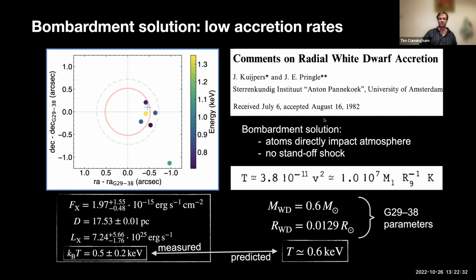In the bombardment solution, at low accretion rates, the infalling material is behaving less like a fluid, so that no shock is formed above the surface, but instead the atoms are directly impacting the atmosphere and depositing their energy into the atmosphere over one mean free path. And so in this model, they predict a much lower plasma temperature of 0.6 kilo electron volts, which is in line with what we've measured here.